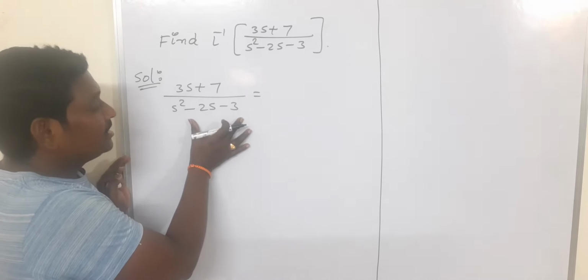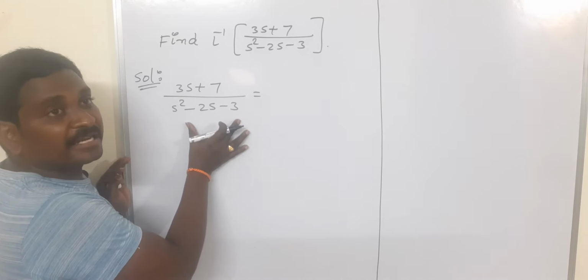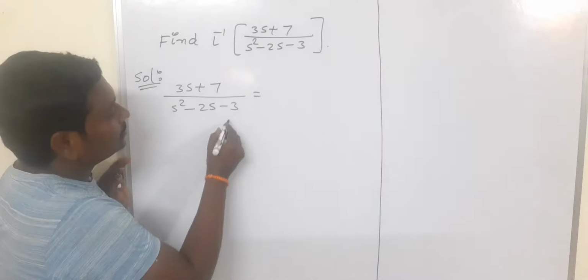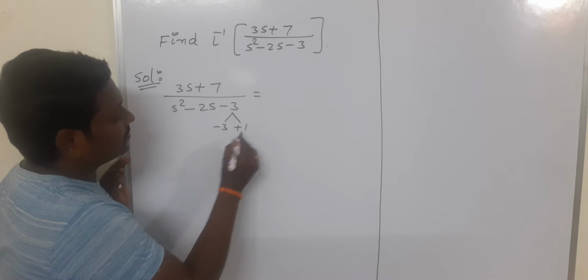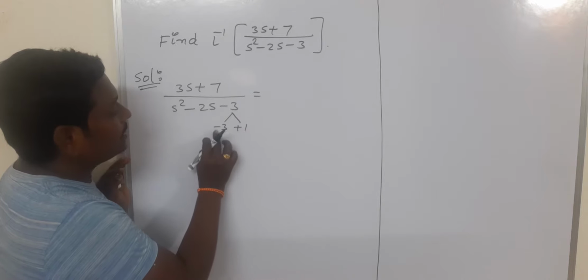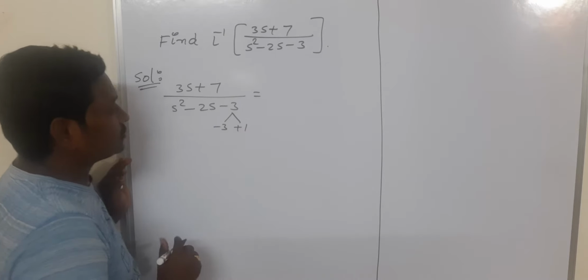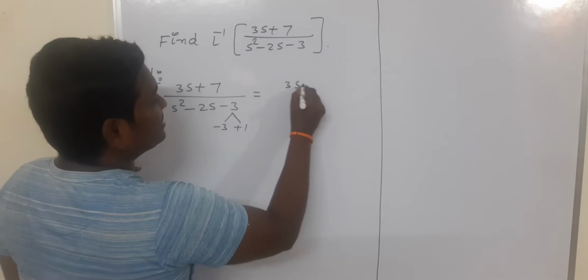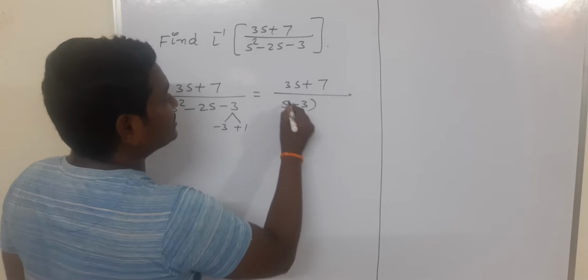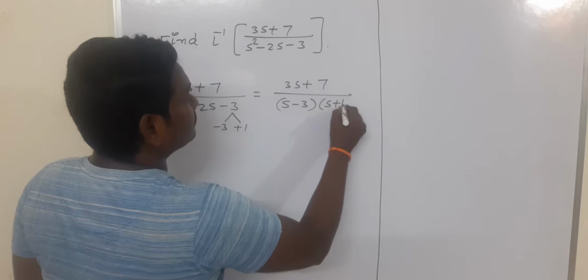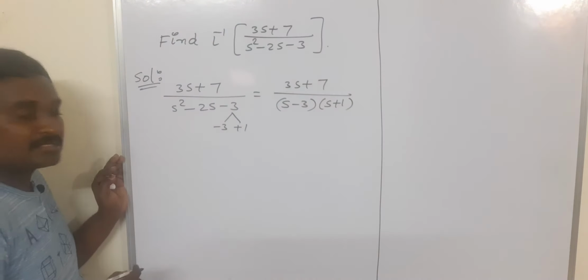Everybody knows that if it is a reducible quadratic factor, it has two different linear factors. Minus 3 plus 1: minus 3 ones are minus 3, and minus 3 plus 1 is minus 2. So (3s plus 7) whole by, the denominator can be written as (s minus 3) into (s plus 1). These are the linear factors.